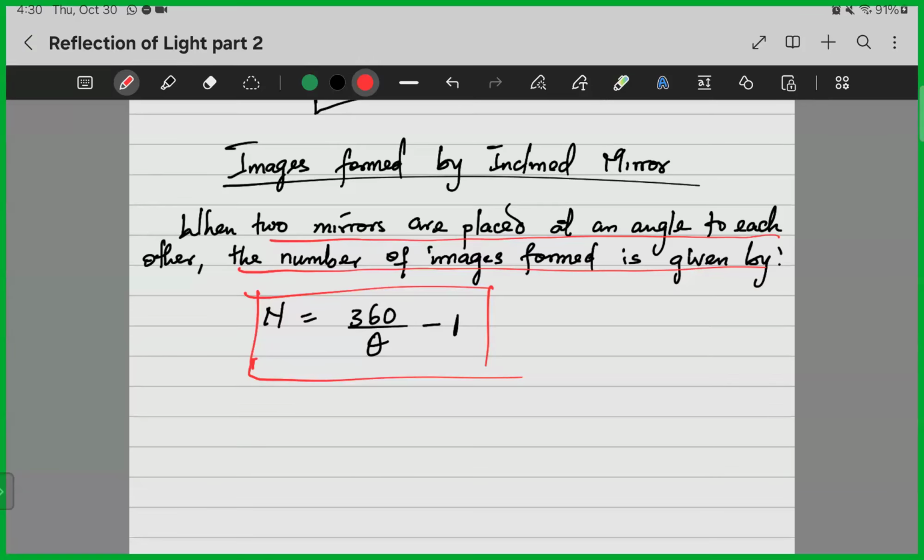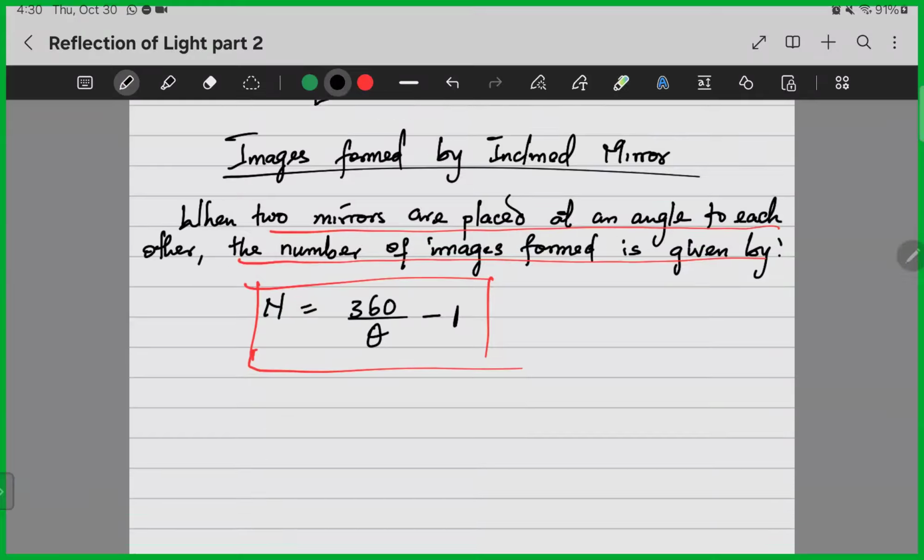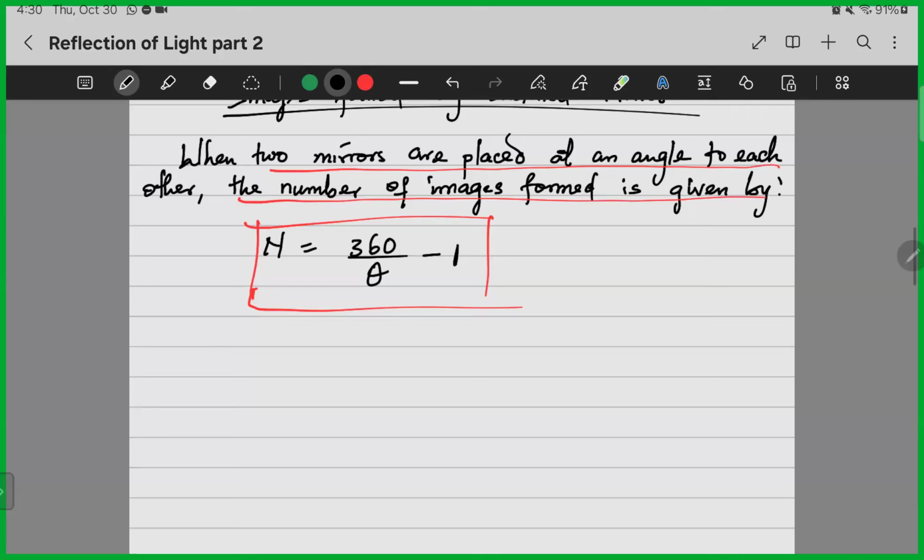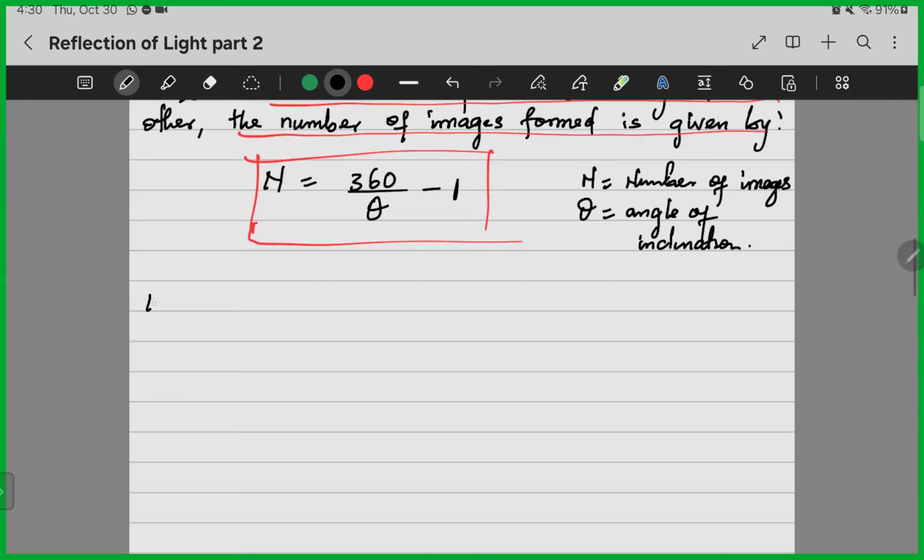Very good. I believe you have done that now. That formula is super important. So let me also write: n is the number of images, theta is the angle of inclination.